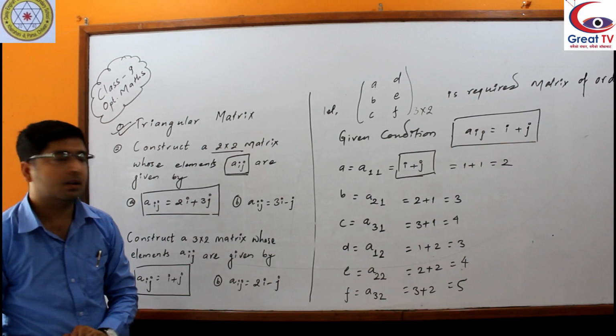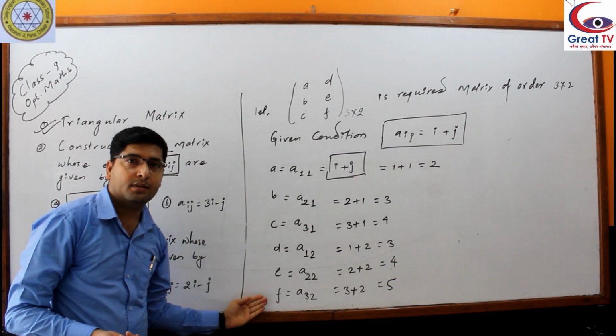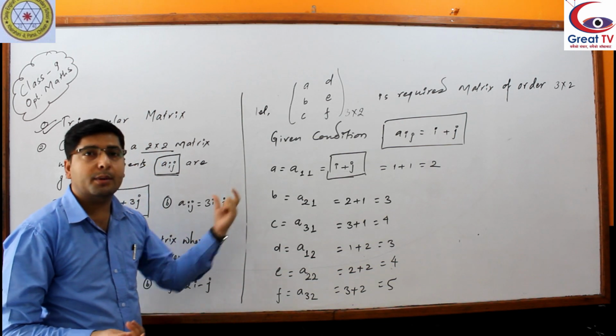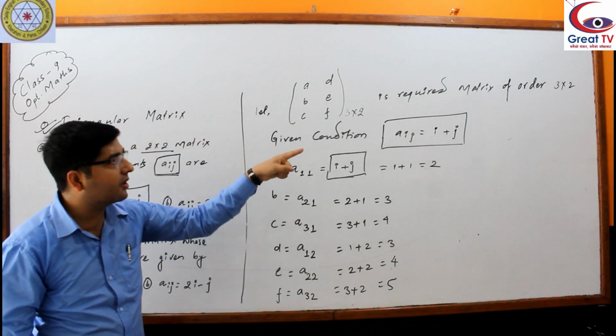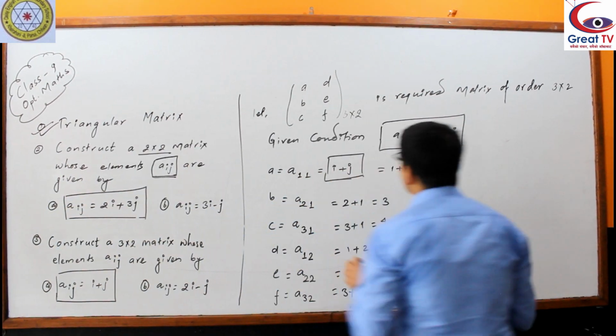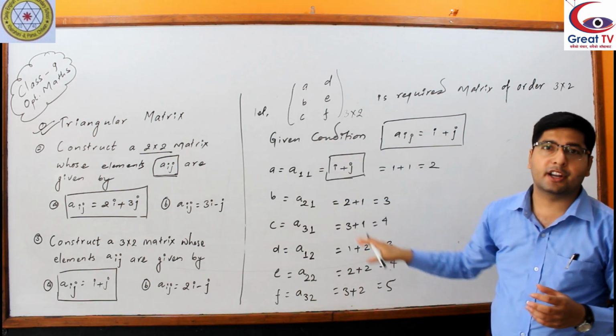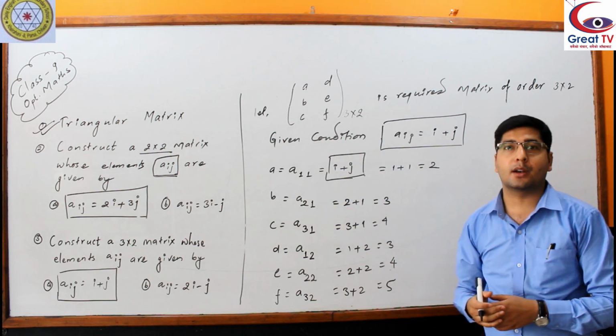Now students, we know the values of A, B, C, D, E, F. We found them from the given condition aij equals i plus j. So replace A, B, C, D, E, F with their corresponding values.